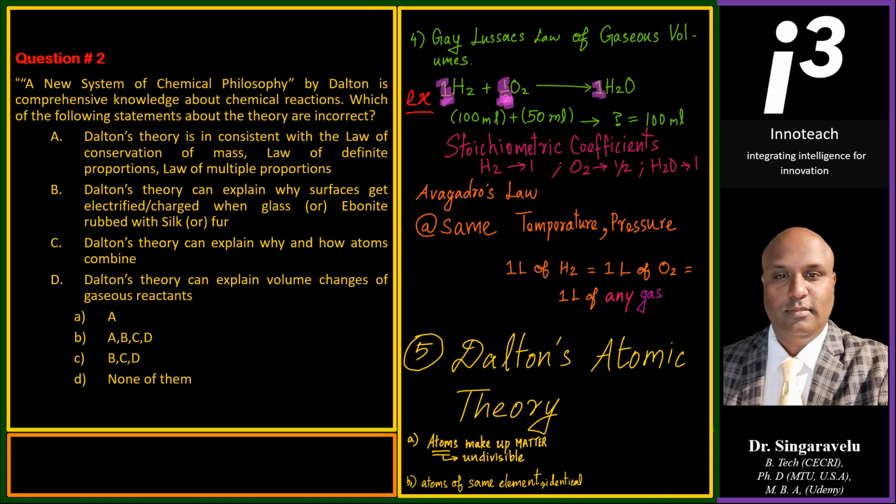Here you have the stoichiometric coefficient for hydrogen as 1 in this case, and for oxygen it is half, 1 by 2. And while doing so, you will have a perfectly balanced chemical reaction.